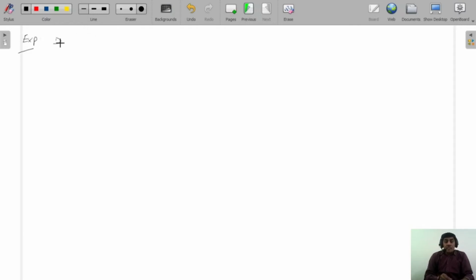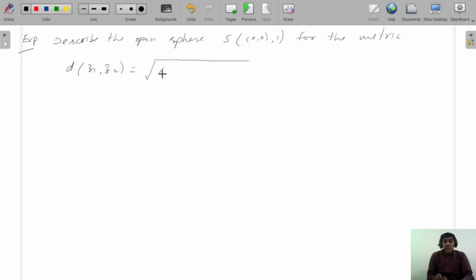Describe the open sphere S(0,0;1) for the metric d(z1, z2) is equal to the square root of (x1 minus x2) squared plus (y1 minus y2) squared, where z1 is equal to (x1, x2) and z2 is equal to (y1, y2) belongs to R square.